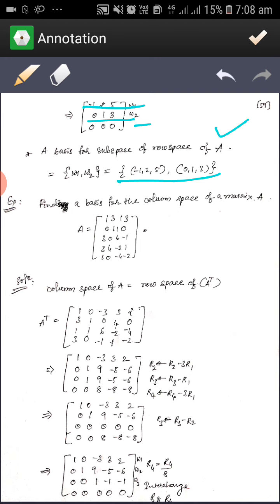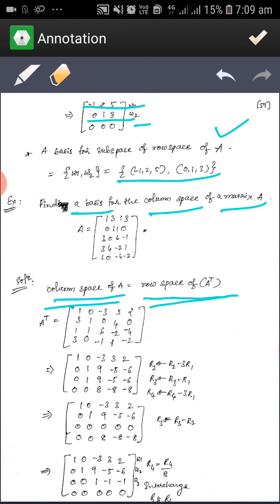Now, if they ask for the basis of the column space of the matrix A, we know that the column space of A is equal to the row space of A raised to T, the transpose of the A matrix.